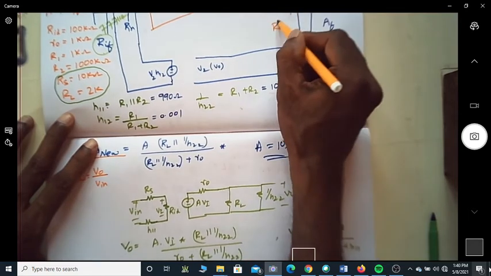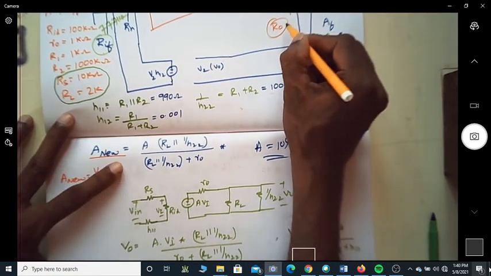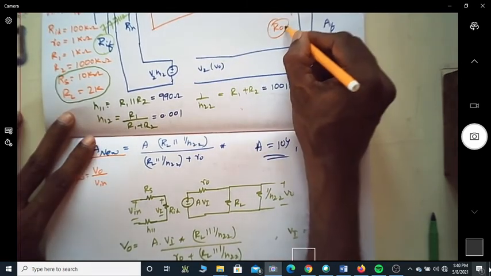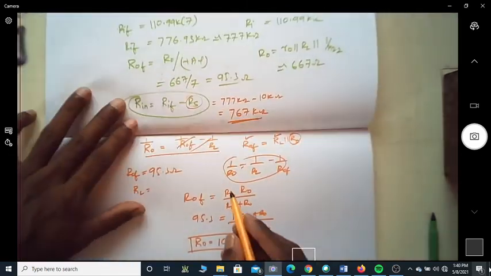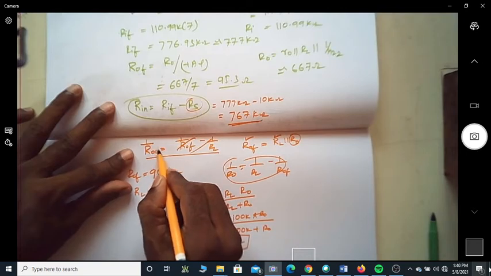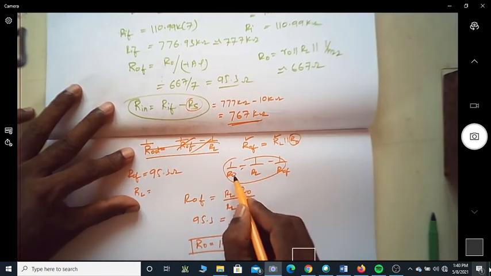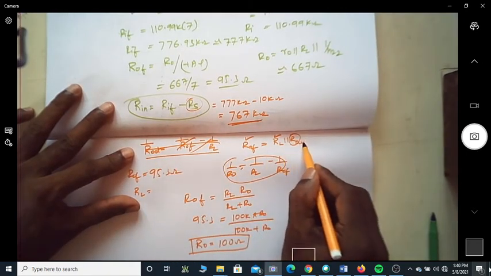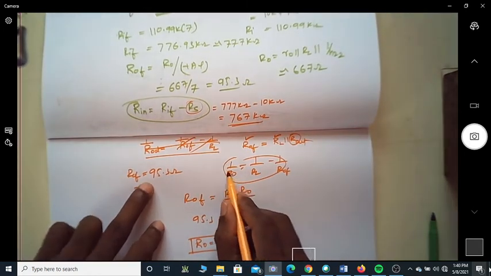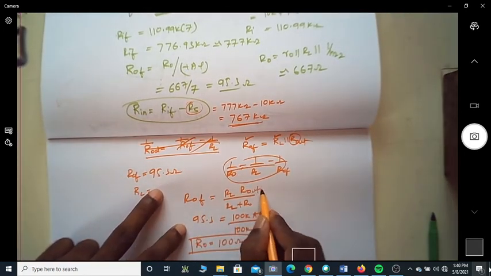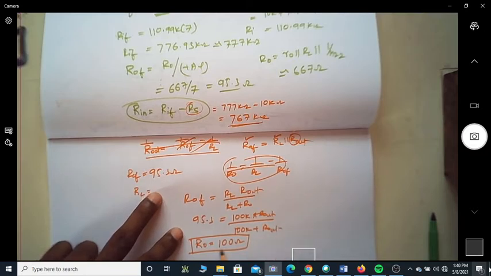If I look from here, this is R naught, but because there is one more R naught, let me write this as R out.